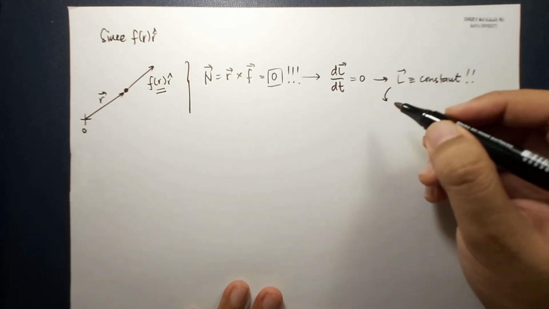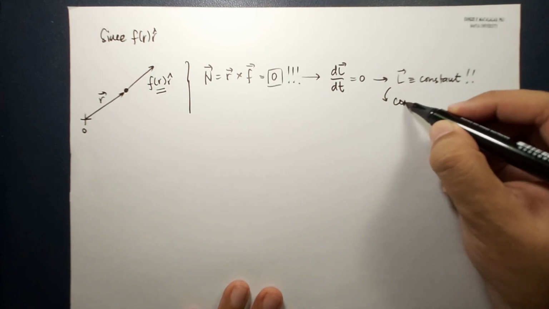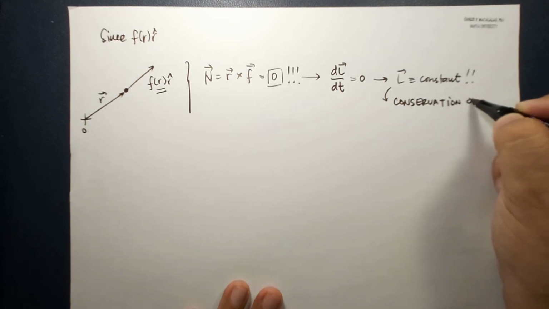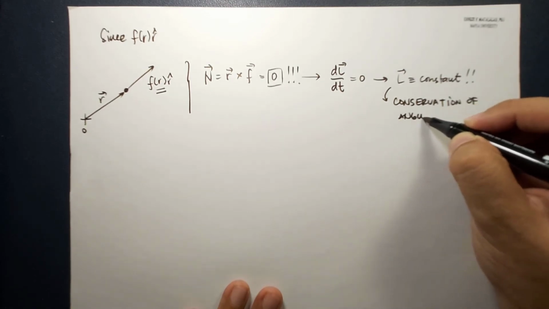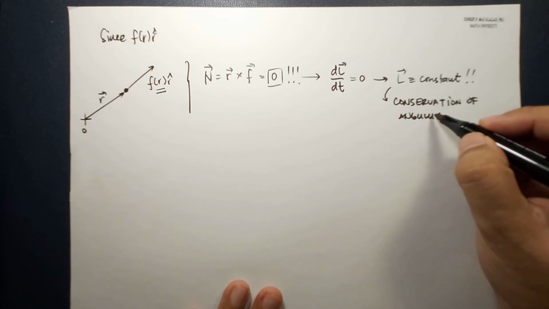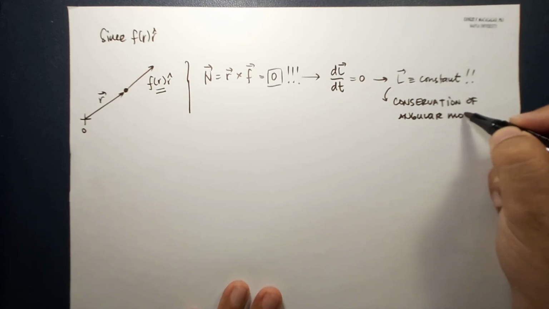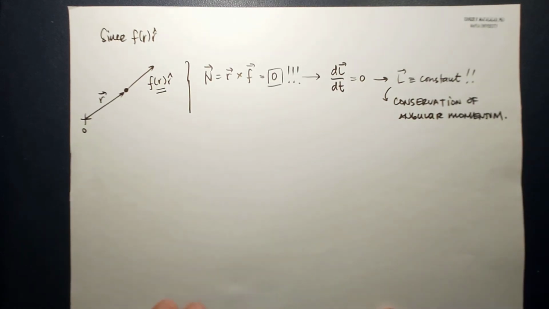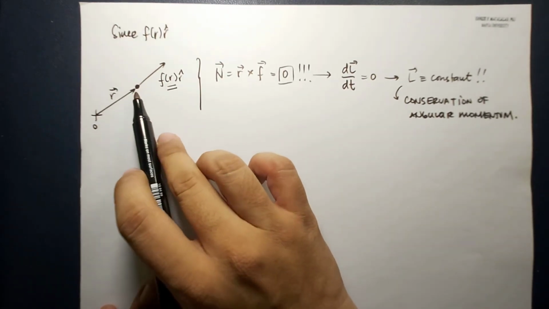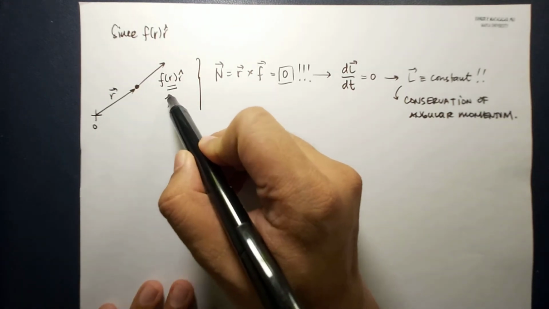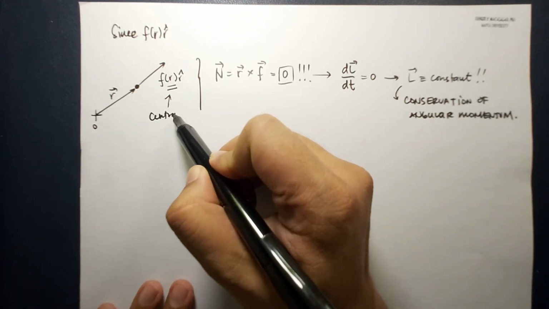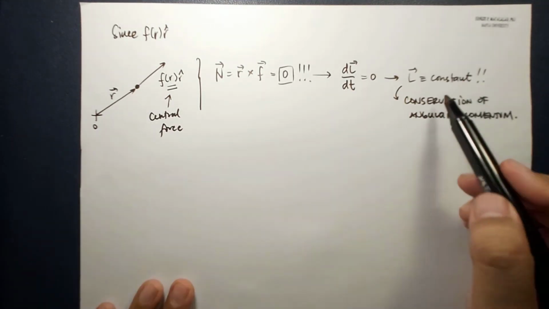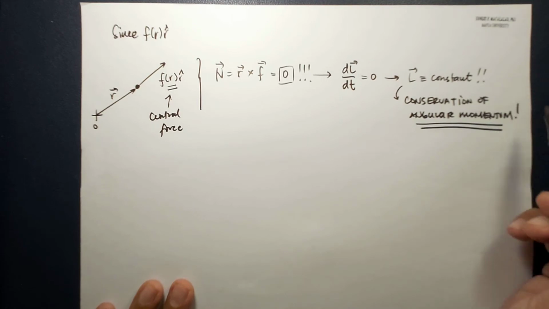Okay, and this is what we call the conservation of angular momentum. So this means that when a particle is only subject to a central force, its angular momentum is conserved.